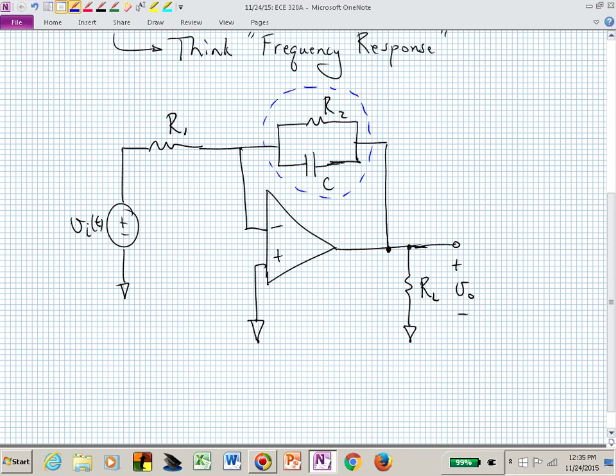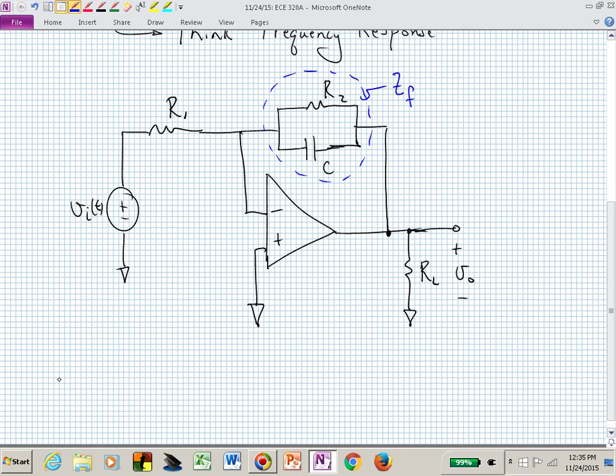We can make this a little easier to think about, in terms of intuition, if we just lump those impedance elements into one impedance parameter, let's say capital Z sub F. How do I compute that impedance in the feedback path?